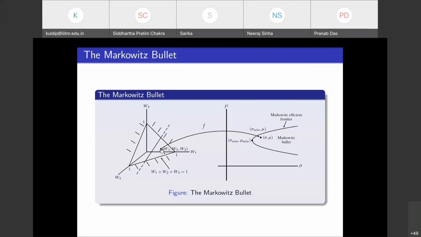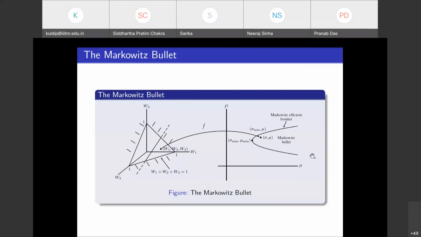So suppose I take this W1, W2, W3, sum of which is 1, and I calculate mu sigma, and that is this mu sigma. I take another W1, W2, W3, and then I'll calculate another mu sigma here, which I have not shown here. So I can calculate infinitely many such 3-dimensional coordinates W1, W2, W3, and for each of them I will have a mu sigma. So that will generate this curve and points to the right hand side.